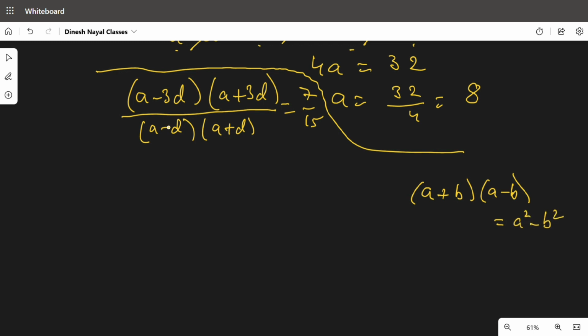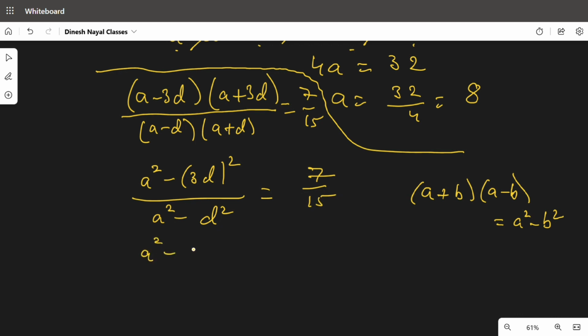That's what we are going to apply here. So A minus 3D times A plus 3D will be A square minus 9D square, and similarly A minus D times A plus D is A square minus D square. So A square minus 9D square upon A square minus D square equals 7 by 15.